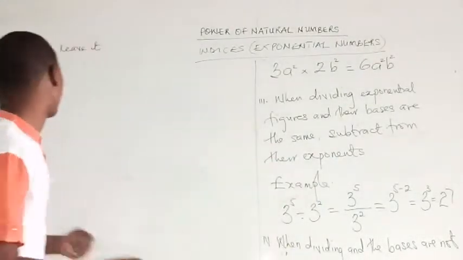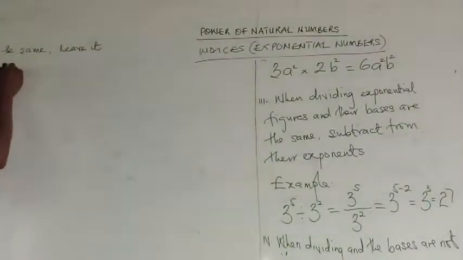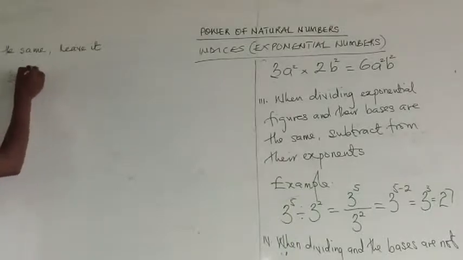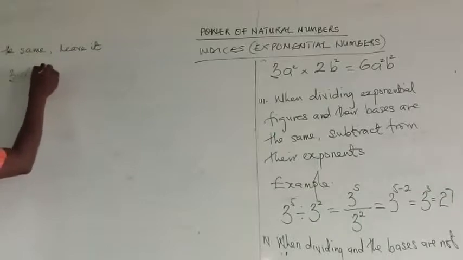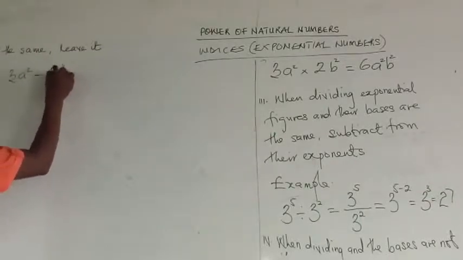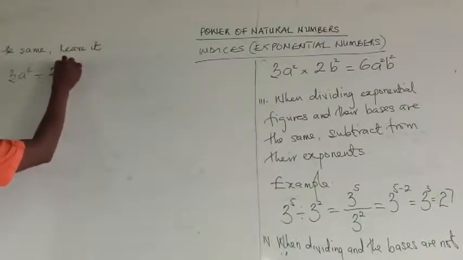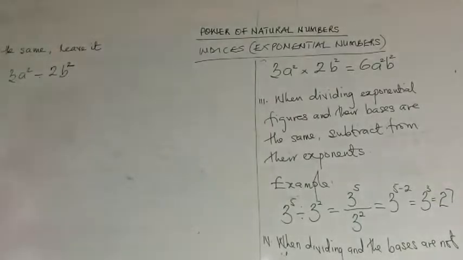For instance, 3a squared divided by 2b squared.